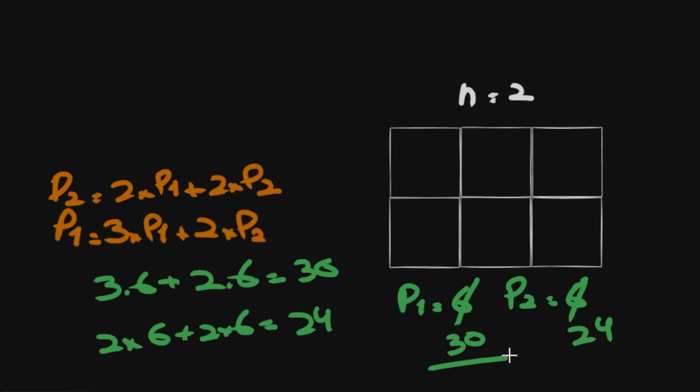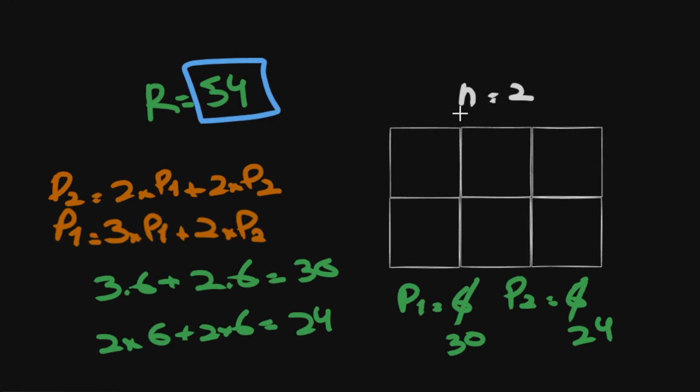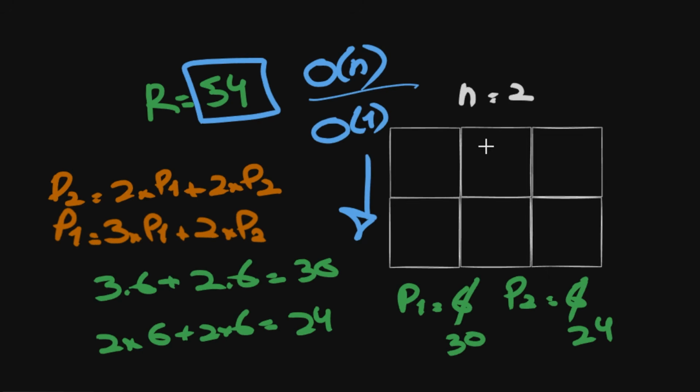And now we are using this as the base for the next rows in case that n is something greater than 2. Given that here n is equal to 2, we can take 30 and 24 and we do 30 plus 24, so finally we return 54. Time complexity for this will be big O of n because we are iterating rows, and space complexity big O of 1. So now with this in mind, let's go with the code.